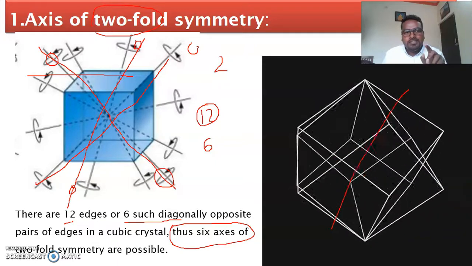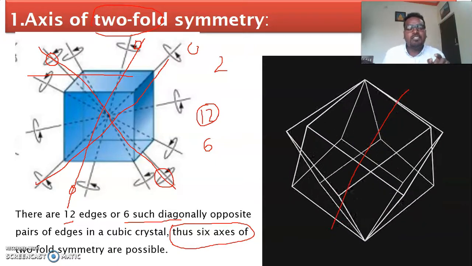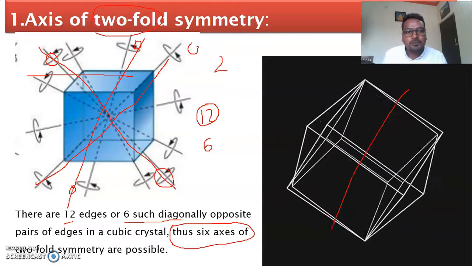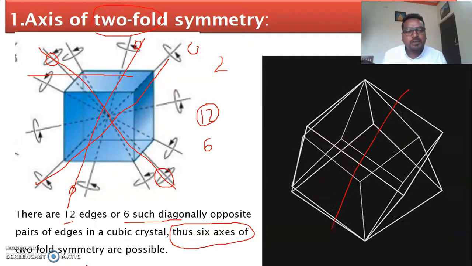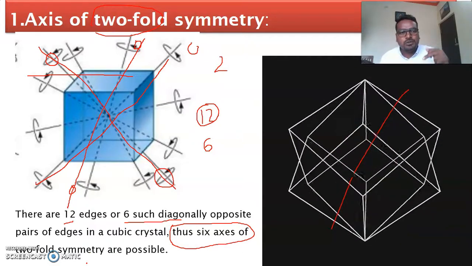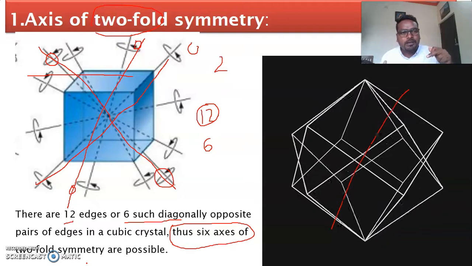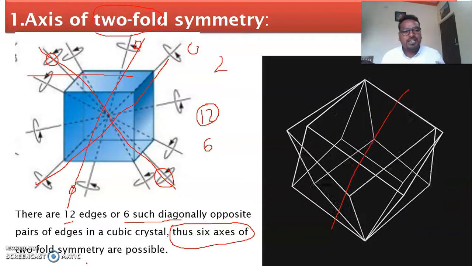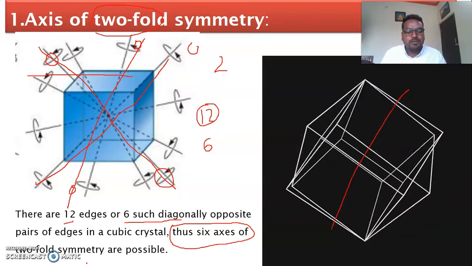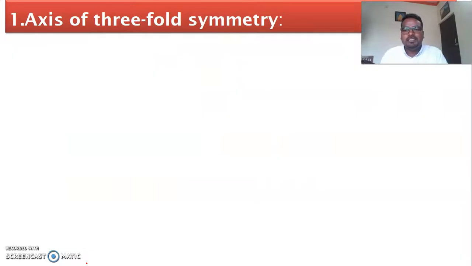Why 6? Because there are 12 edges and we can draw 6 such diagonal lines passing through the opposite edges in a crystal. That's why 6 twofold axes of symmetry are possible in this case.